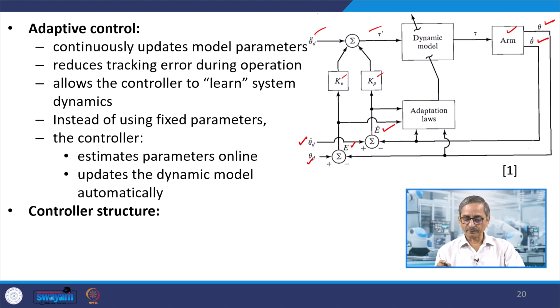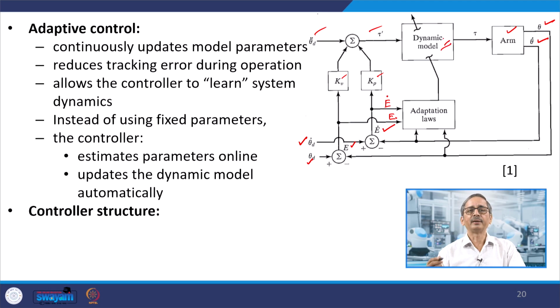From here we take your error vector and the error derivative vector. It is given to the adaptation law, and from here we continuously change these dynamic parameters in the dynamic model.